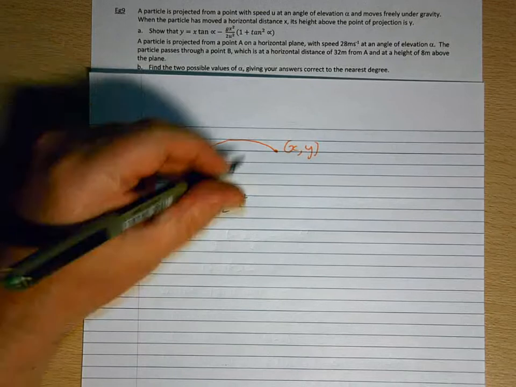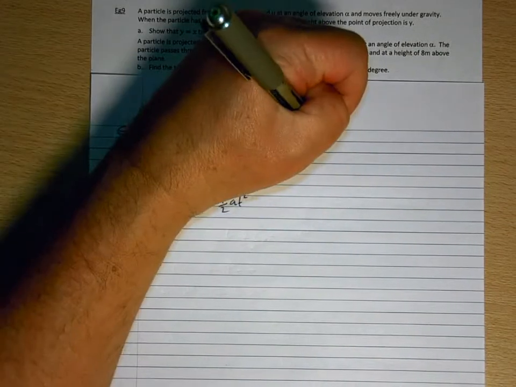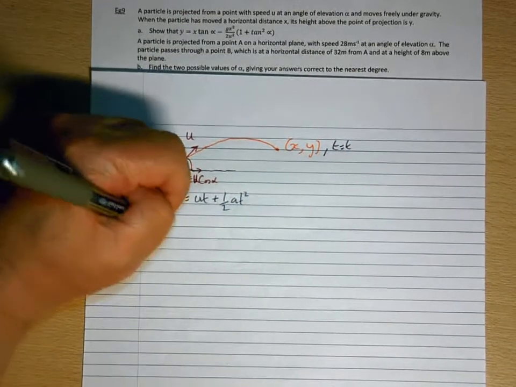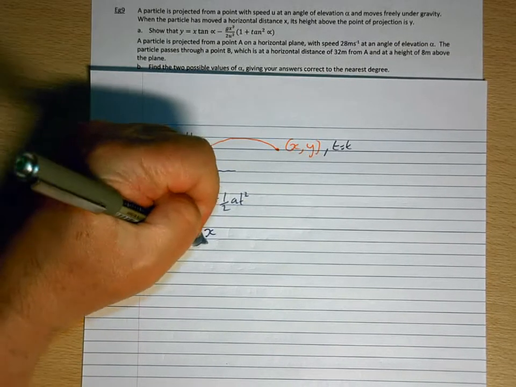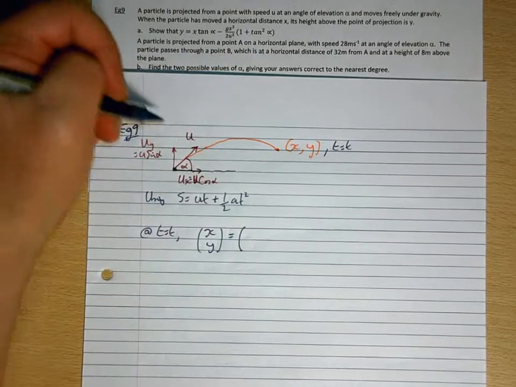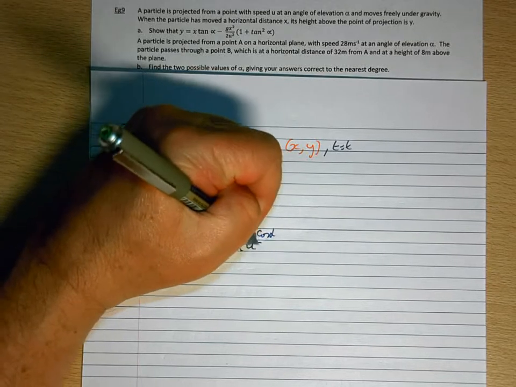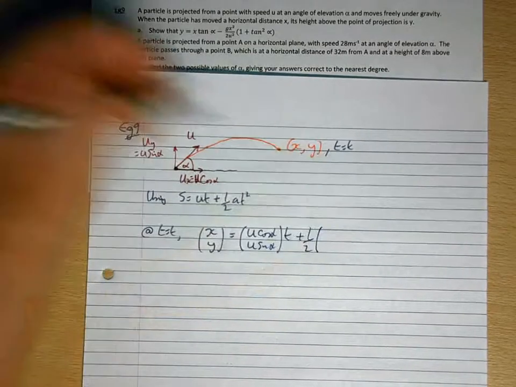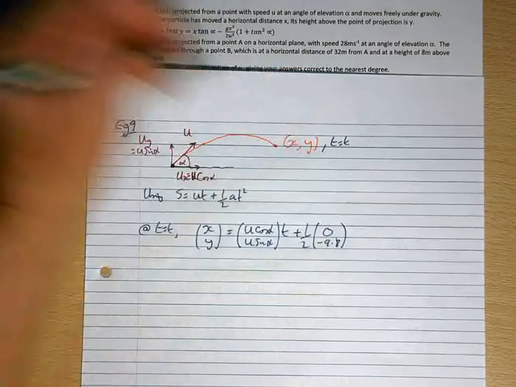And if I put in vectors all the information that I'm given at this point here, with t equals t, I've got s equals ut plus a half at squared.